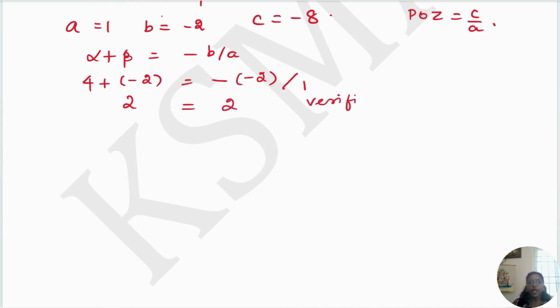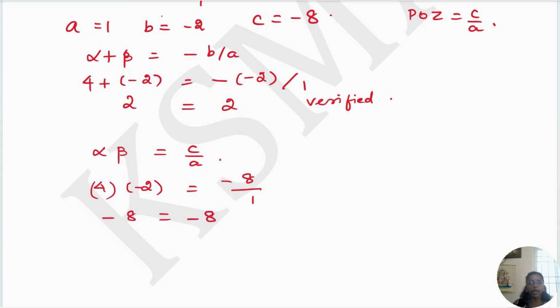So verified. And coming to the next procedure, c by a, the product of zeros. So alpha into beta is equal to c by a. Alpha is 4 and beta is minus 2, and the c value is minus 8 divided by the a value 1. So minus 8 is equal to minus 8. So it is also verified.